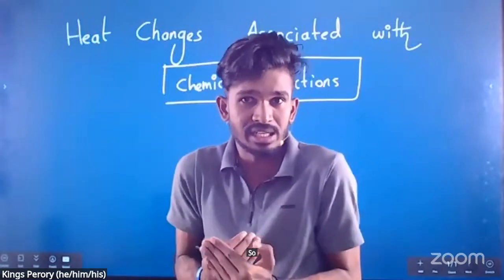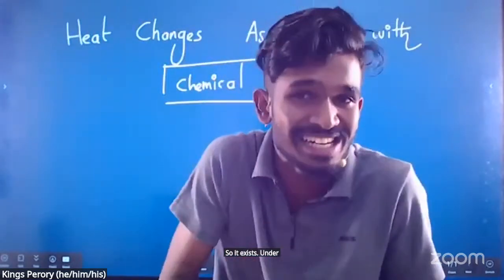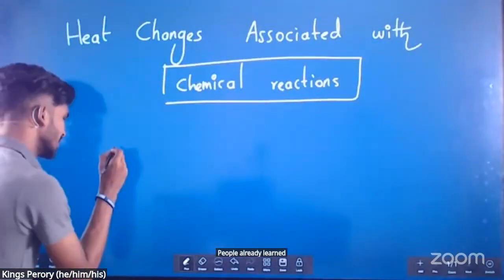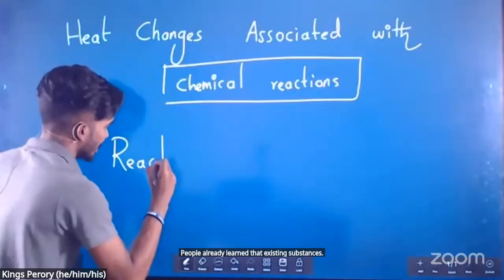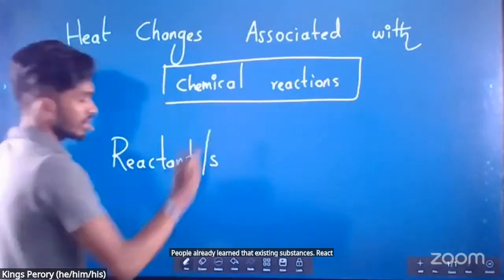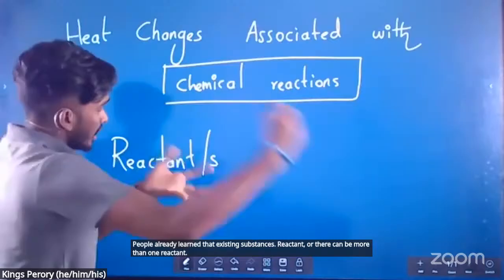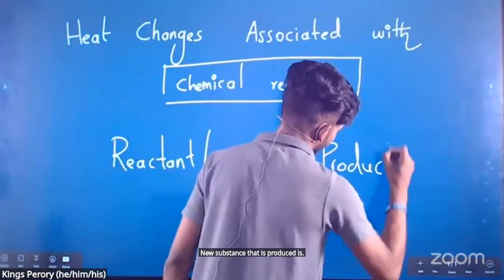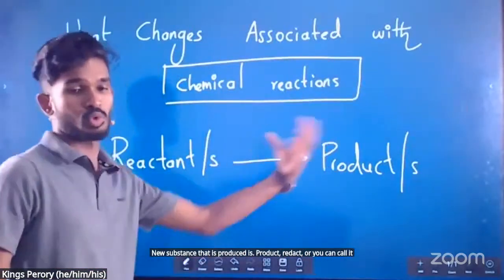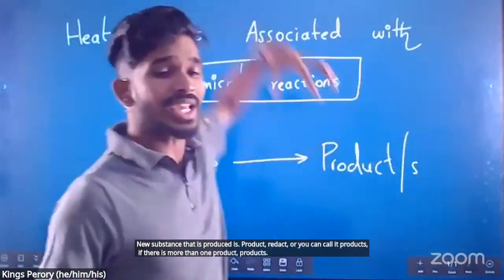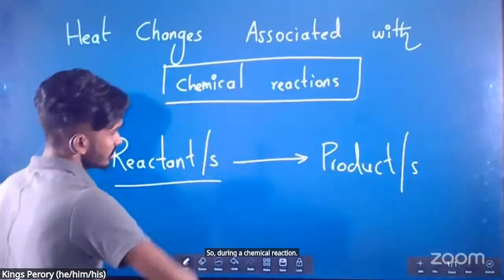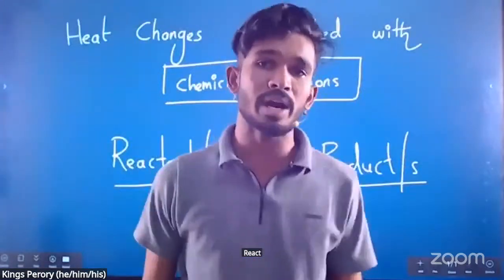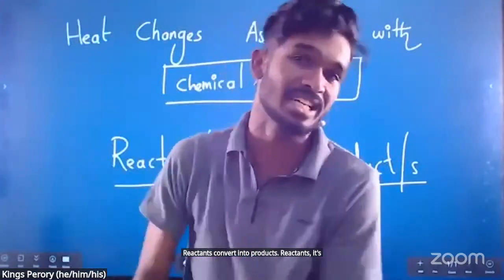You already learned the existing substance is the reactant, or there can be more than one reactant. The new substance that is produced is the product, or products if there is more than one. So during a chemical reaction, reactants convert into products.